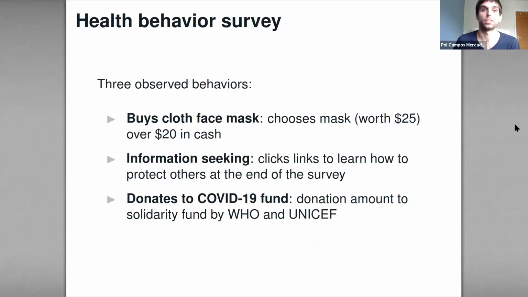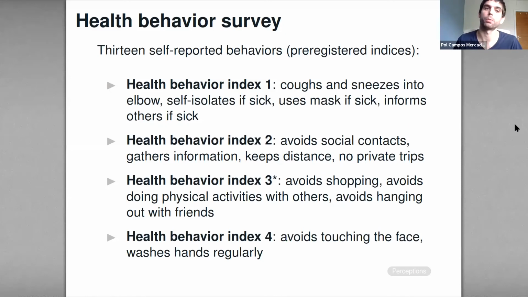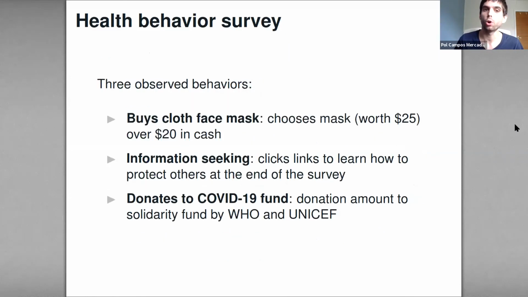Now, on top of that, we have not only self-reported behavior, but also observed behavior. In the survey, we allowed people to buy a cloth face mask. They could choose between buying the face mask or getting $20 in cash. And we actually paid this to a subset of the participants. We also managed to see whether they sought information.